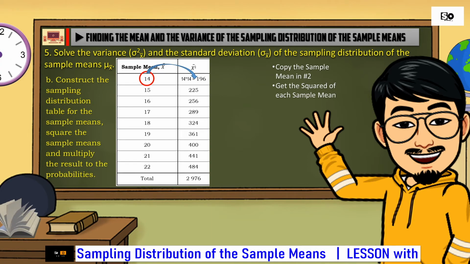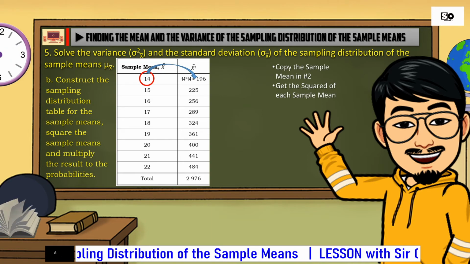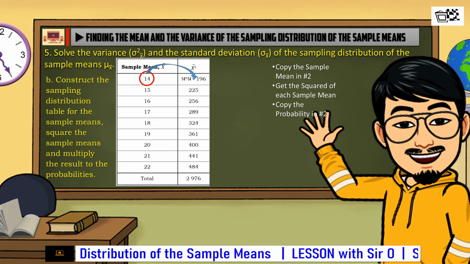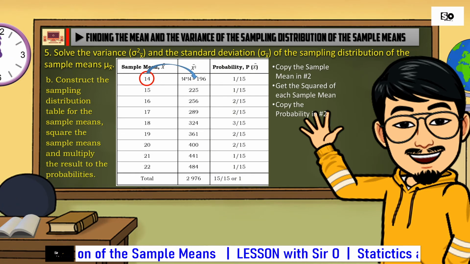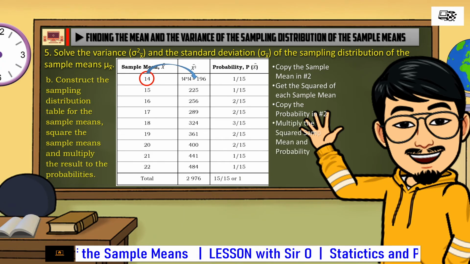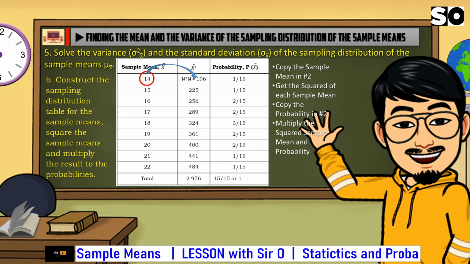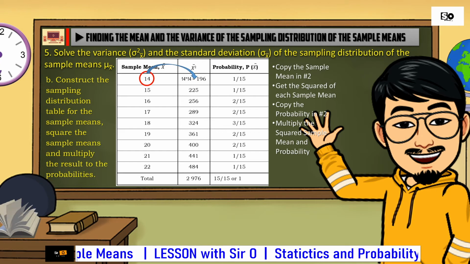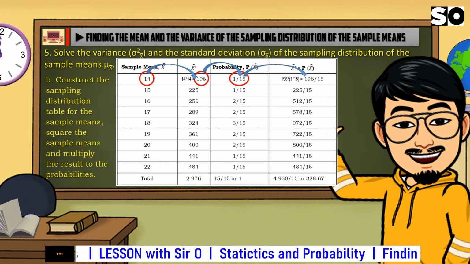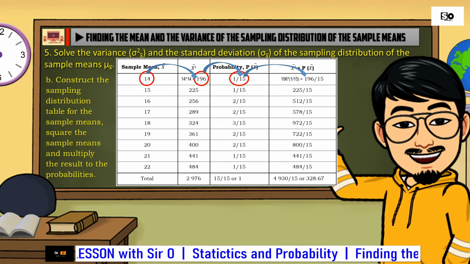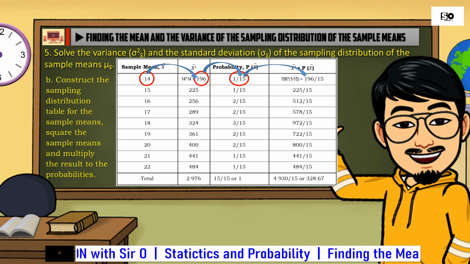Do that process in the other sample means. Step 3 is to copy the probability in number 2. Step 4, multiply the squared sample mean and probability. Do that process on the succeeding sample means.